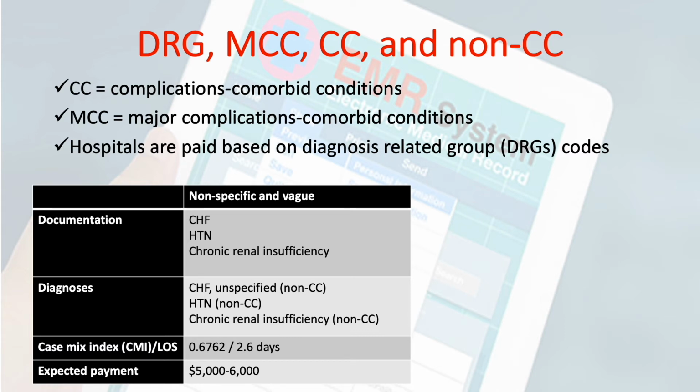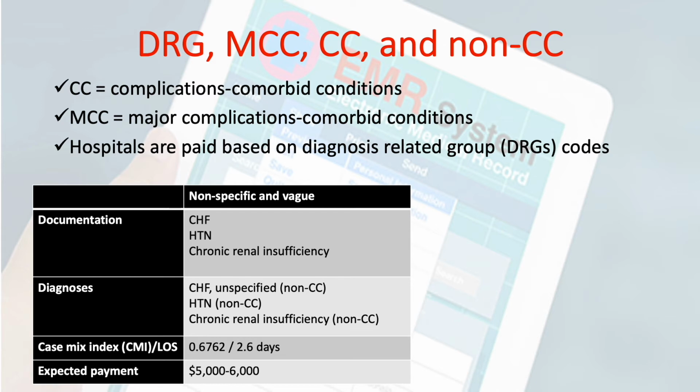A case mix index, or CMI, of 1 indicates an average severity of illness. The higher the CMI above 1, the more severe and complicated the case, and a CMI lower than 1 indicates a less severe case.